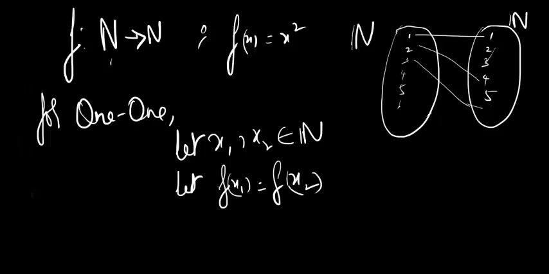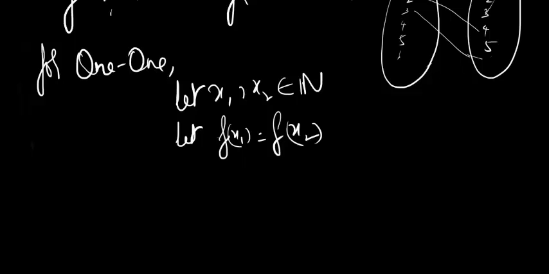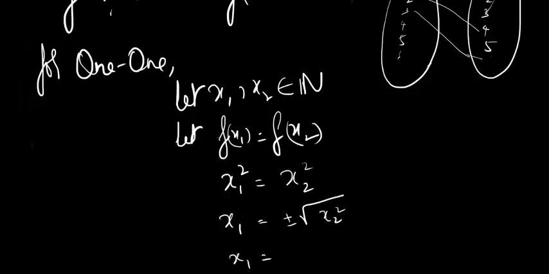Here I'm actually meaning that the images of these two are the same, which ideally means that x1 square is equal to x2 square. Correct? Now after this I can write x1 itself, not a square, as equal to plus or minus root of x2 square, which gives me x1 to be equal to plus or minus x2.